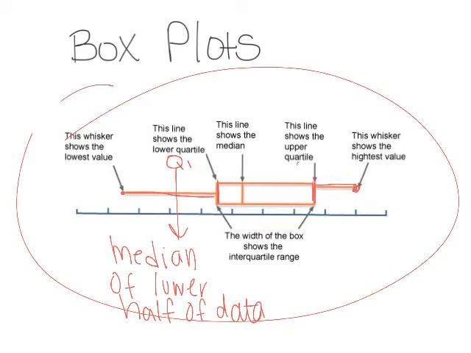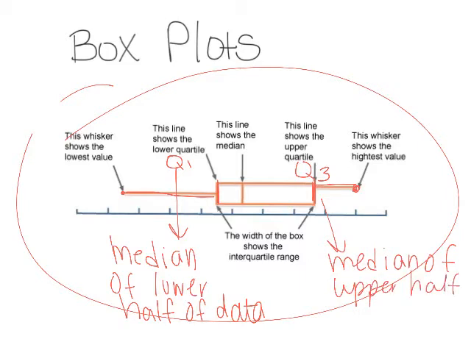This line right here is called the upper quartile, or the third quartile, and that is the median of the upper half of data. This middle line is the median of the entire data set. That's sometimes called the second quartile. The interquartile range is from these two here, so it's the third quartile minus the first quartile.